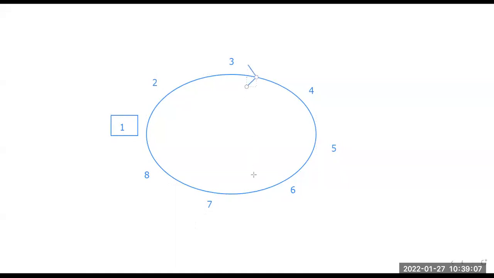In this scenario, this station has 8 and 2 as its attached neighbours. So this 2 will be known as the successor and this 8 will be known as the predecessor, because the previous station is known as the predecessor and the next station will be known as the successor. So this is the basic concept.